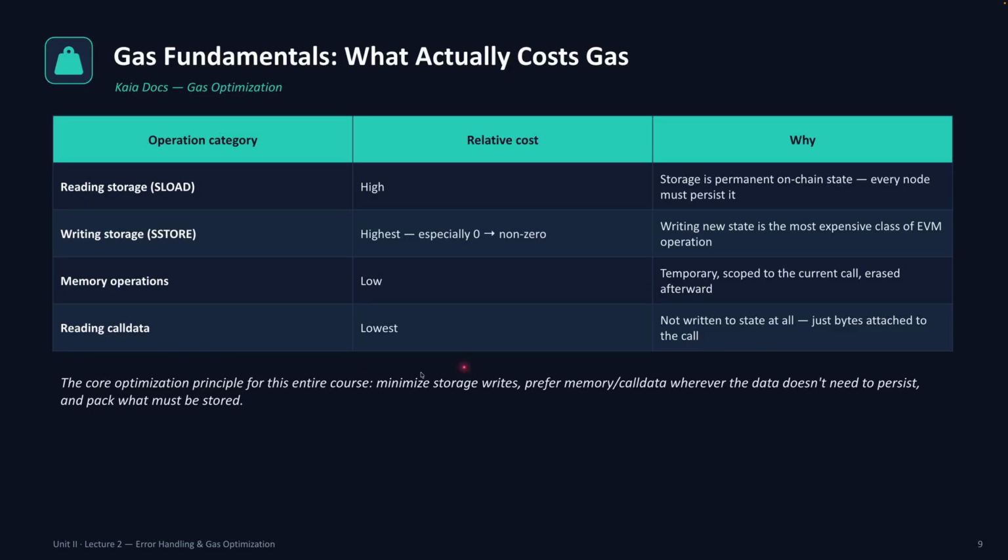One thing to keep in mind, or one must always remember, is the core optimization principle: minimize storage writes, prefer memory or call data wherever the data doesn't need to persist, and pack what must be stored.